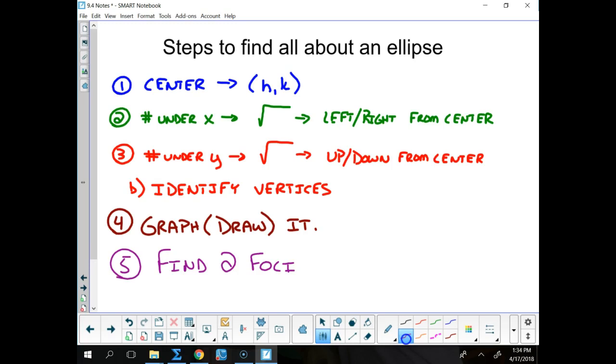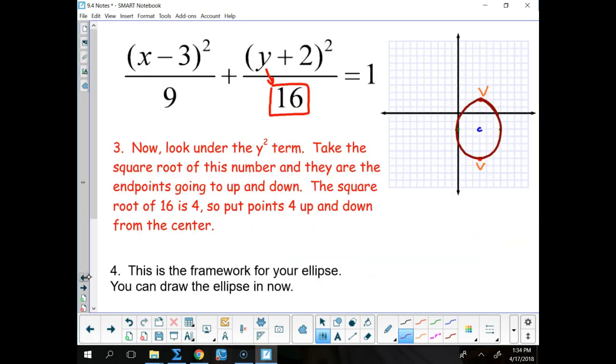And then on your graph you could estimate where those points are. So like the square root of 7 is what, 2.8-ish, somewhere in that range. Okay, all right. So my foci, I would go up 1, 2.8. I'd go down 1, 2.8. So there would be my 2 foci.